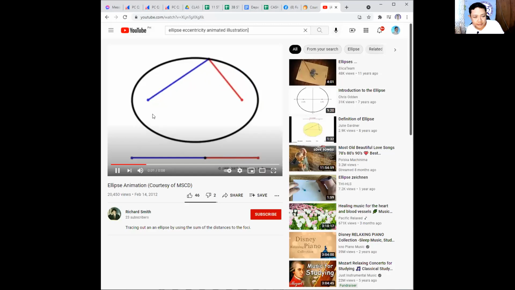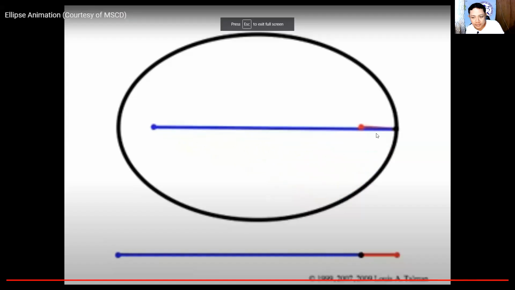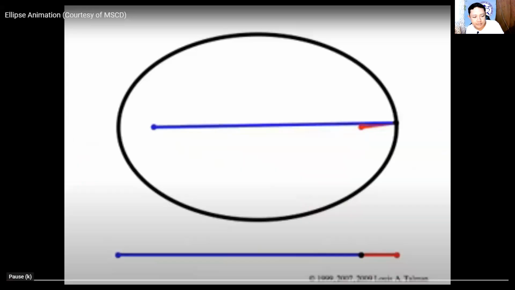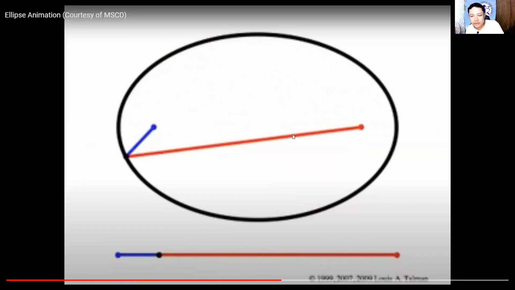Look at this. In this video, we can see that these are the two, ayan. These are, where is that? Replay. Ayan. So as you can see, these are the two foci.